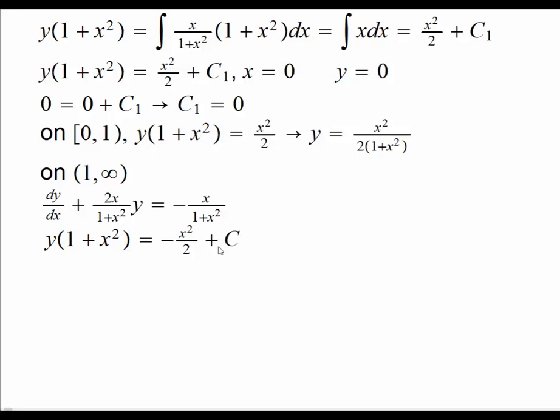All right, or let me write the constant c2 here, and then on this interval our y is going to be this negative x square over 2 times 1 plus x square.